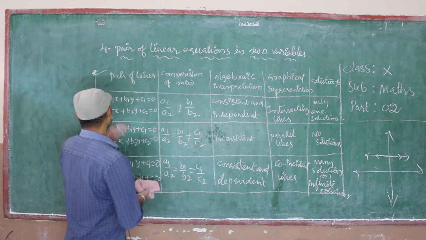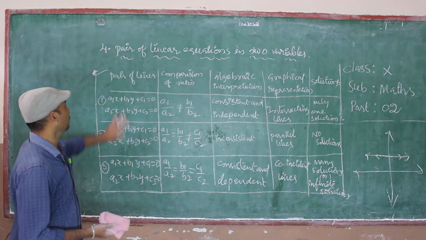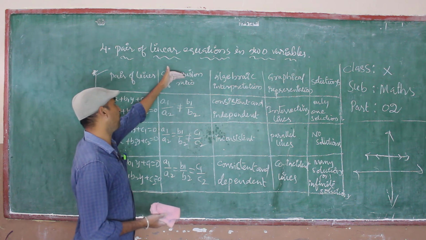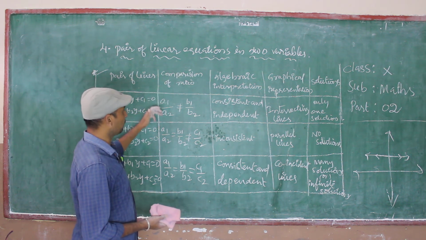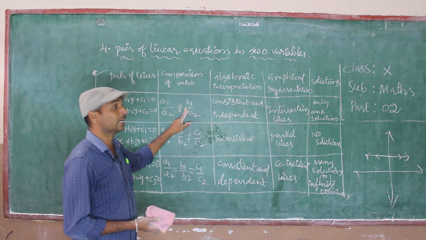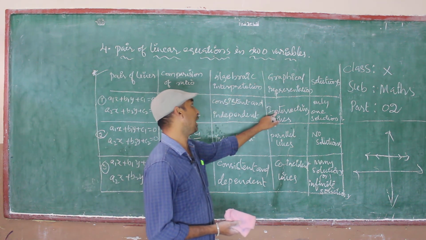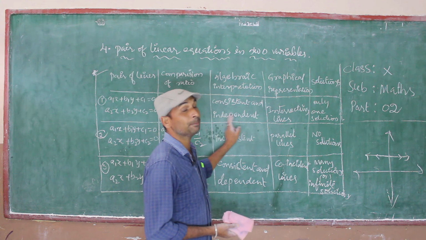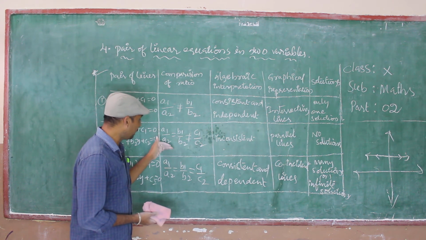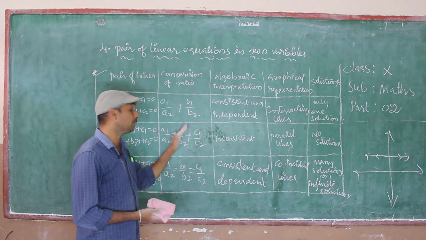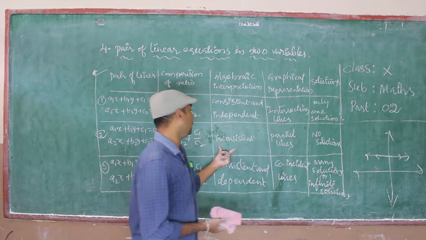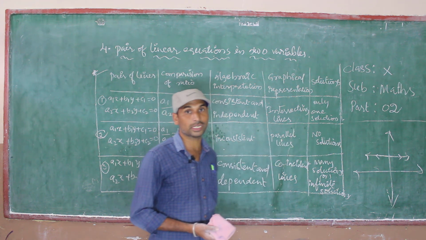Right. So for the given pair of linear equations, based on the comparison of ratios a1 by a2, b1 by b2, c1 by c2: if the first two are not equal, intersecting lines, consistent and independent, only one solution. a1 by a2 is equal to b1 by b2 is not equal to c1 by c2: parallel lines, inconsistent, no solutions.